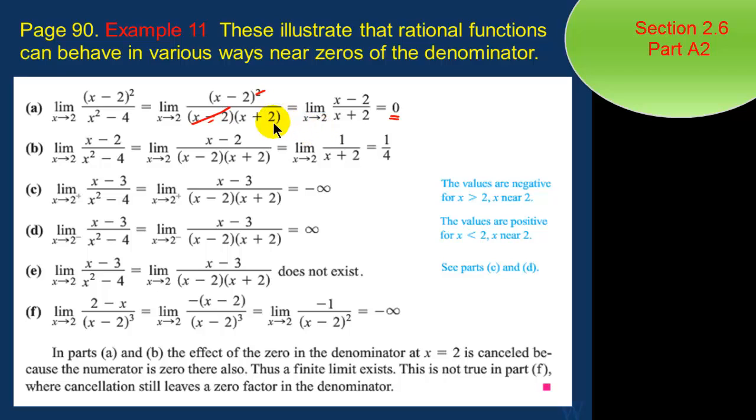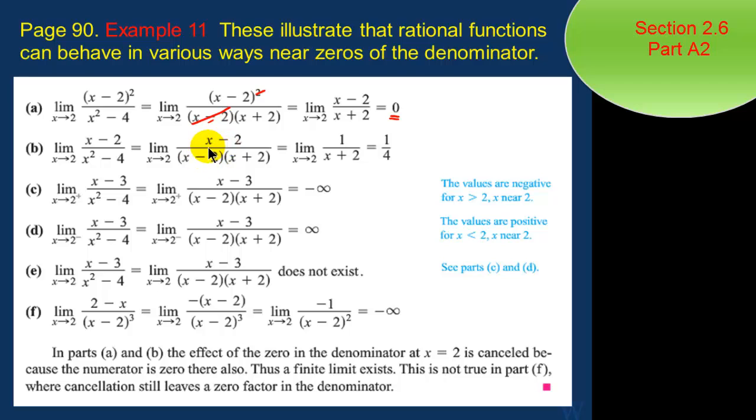Okay, so just because you have an x that makes the denominator 0 does not necessarily imply that you're going to get a plus or minus infinity as you approach a number that makes the denominator 0. This is the case where you have a removable discontinuity. Okay, but what about as x approaches 2 in this particular case?